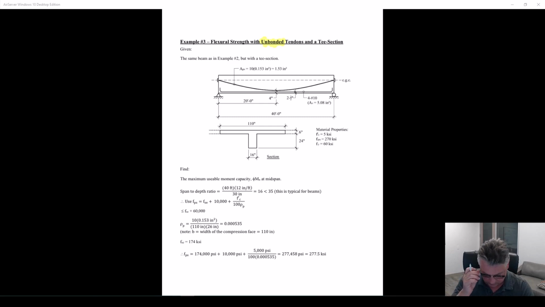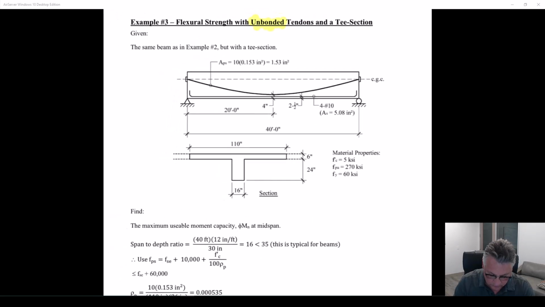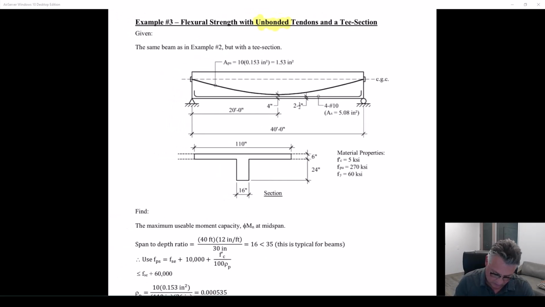So let's do basically the same example, but let's use a T-beam. Much more realistic for what we're going to do in unbonded, cast in place, post-tensioned concrete. So back to basically the same situation. The 10 tendons, 40 foot span beam, low point 4 inches, 20 feet away, 4 number 10s.